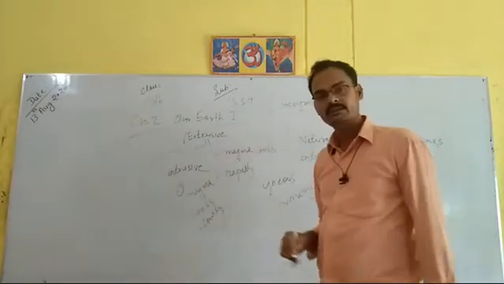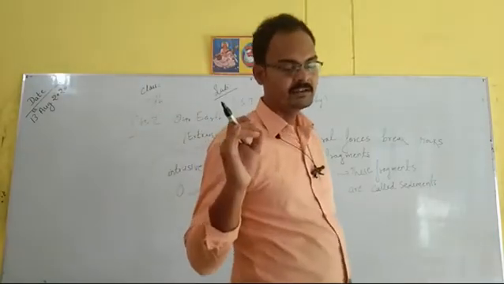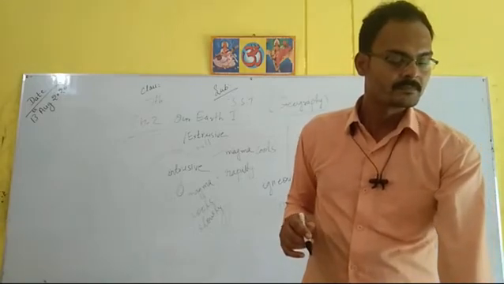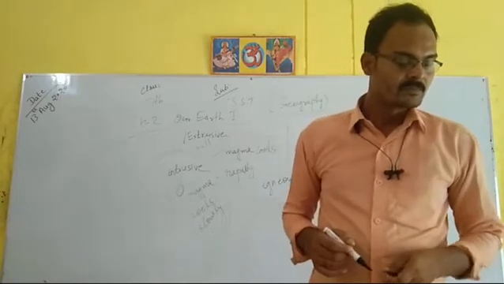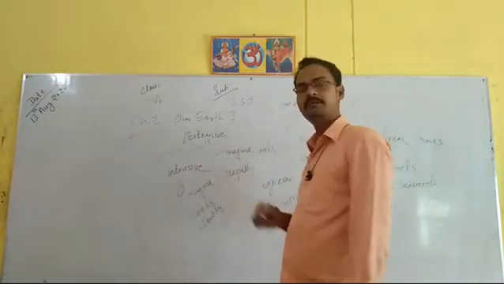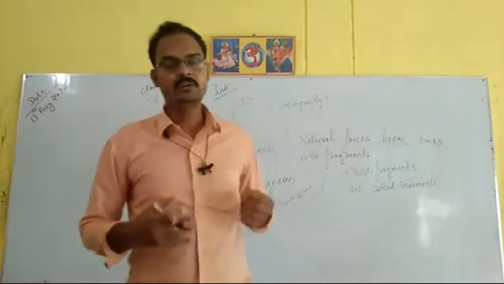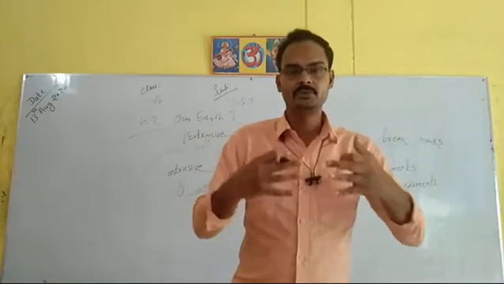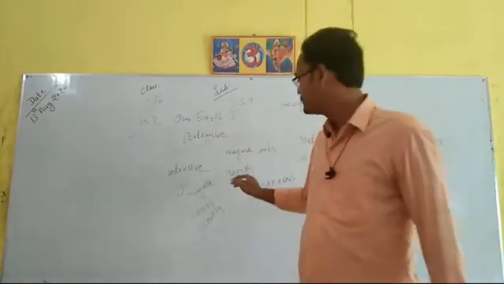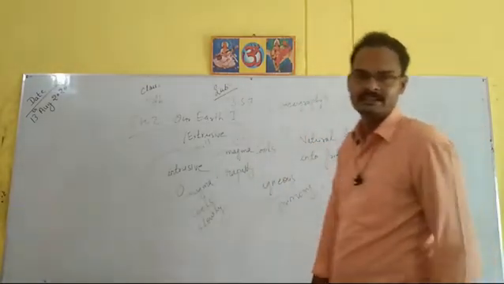So by these outer sources or reasons, wind, water, plants, animals, waves, these are all the reasons. Waves of the sea can also be air waves. So these are all reasons that rocks break into smaller parts, and these smaller parts, the fragments, are known as sediments.